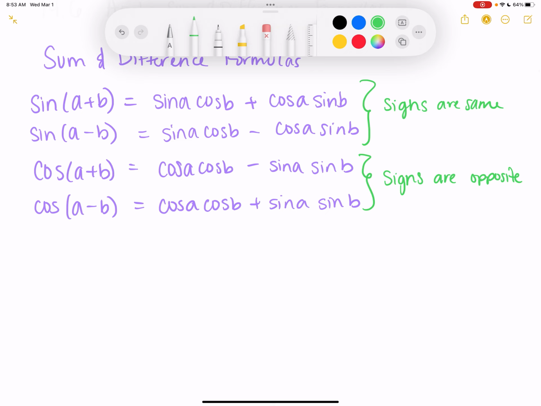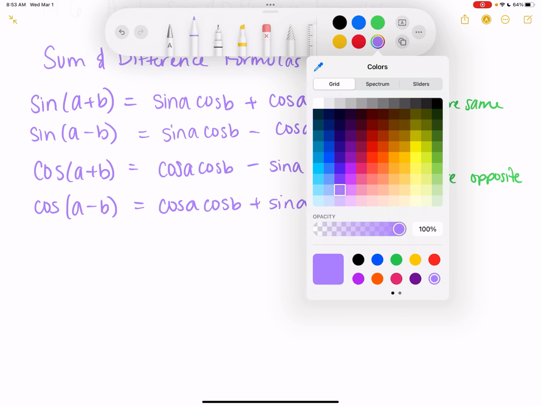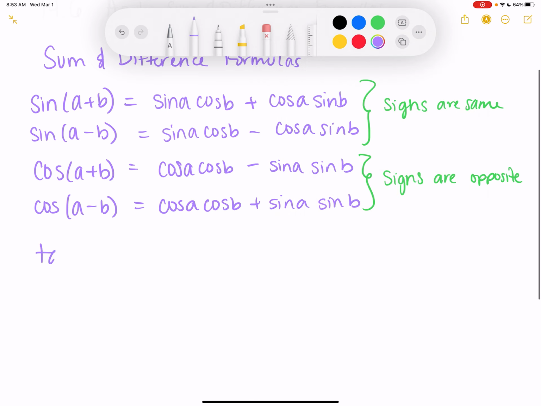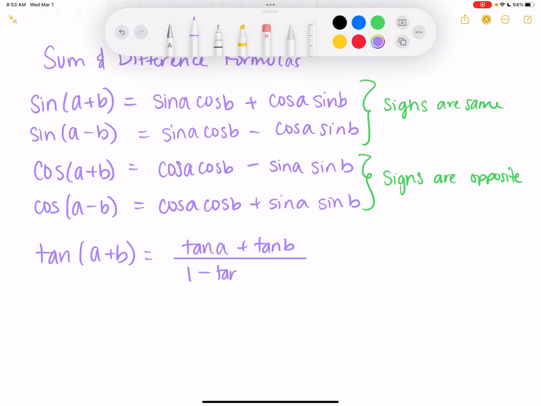So then tangent, these ones are fractions. Tangent of A plus B is tangent of A plus tangent of B over 1 minus tangent of A, tangent of B. The nice thing with tangent is it's all tangent. What you're going to see is the same sign on top, opposite sign on the bottom.